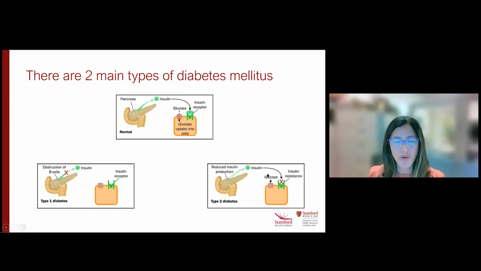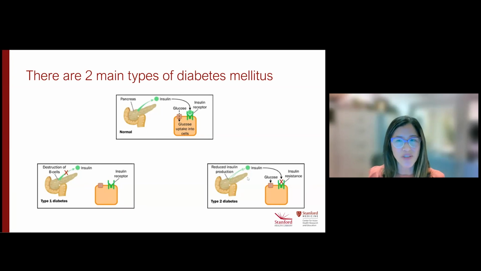complex. There are both problems using the insulin that the body makes, as well as production of insulin. So this decrease in ability to use insulin is sometimes referred to as insulin resistance. You can sort of compensate for insulin resistance by making more insulin from the beta cells in your pancreas.